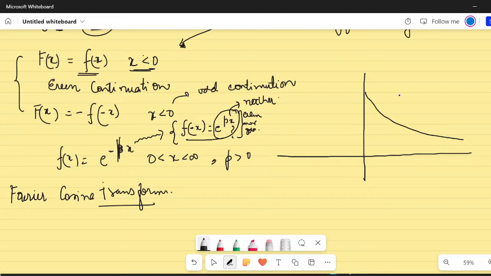Now see, if I extend my function, if I write an even continuation of the function. So let's say I'm defining a new function as e to the power minus px for all x greater than 0, and for all x less than 0 I'm defining it as e to the power px. So how would I make a graph of it? The graph would be this way.